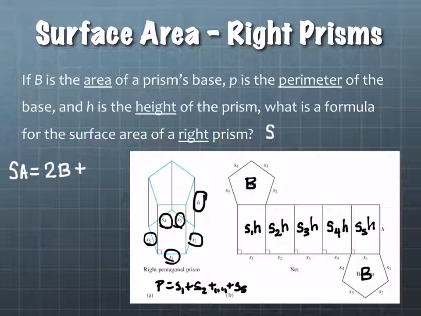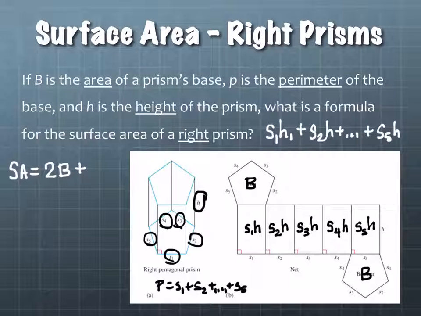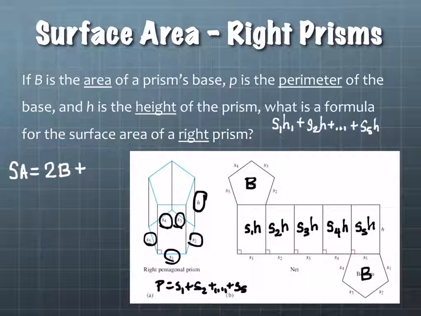Well, if I take S1 plus S2 plus, I'm sorry, I got my h's left out. If I have all of these added together, and like y'all just said, they all have an h in them, then what I can do is I can actually factor the h out.